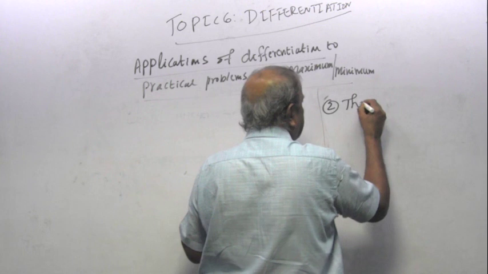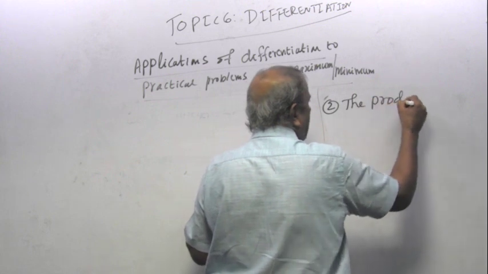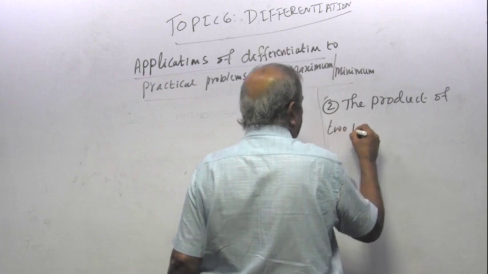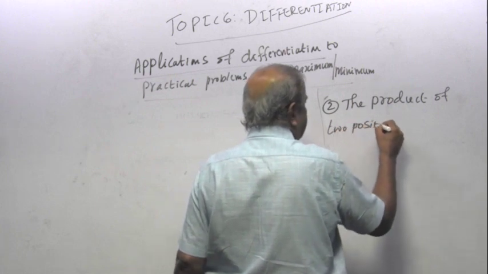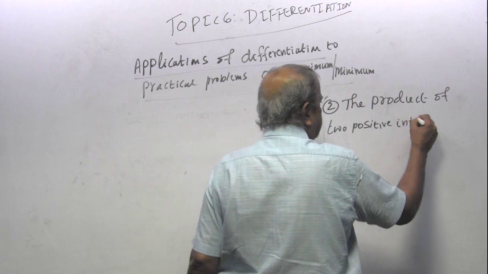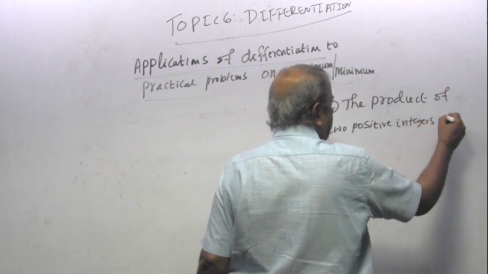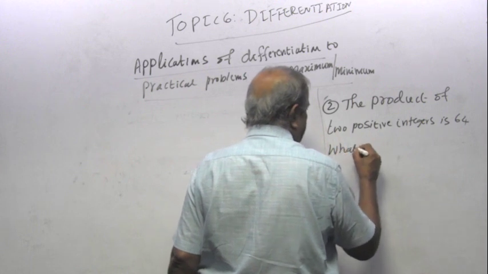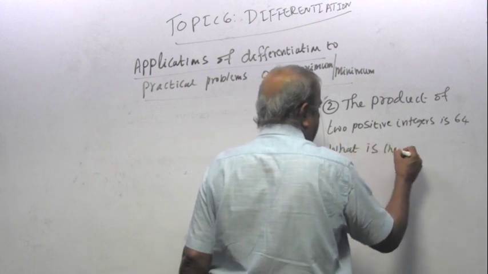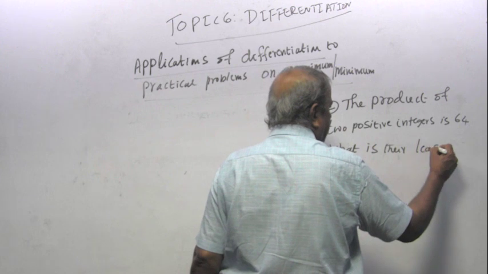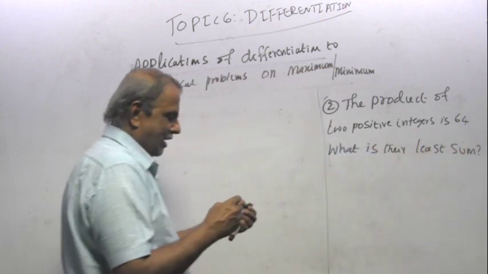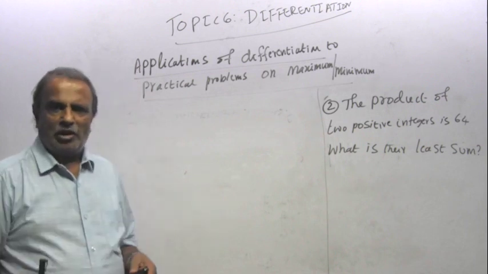The product of two positive integers is 64. What is their least sum? Look, in the previous case, you were given the sum and you were finding the product.